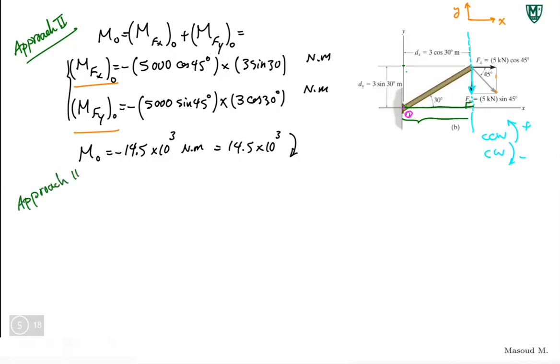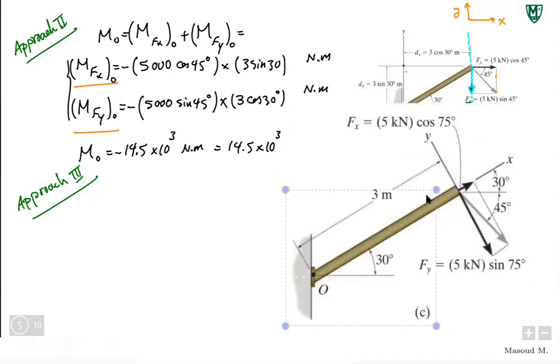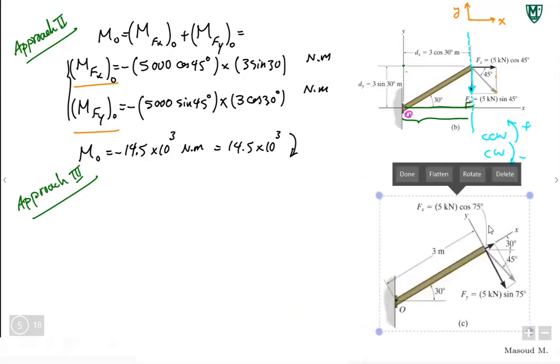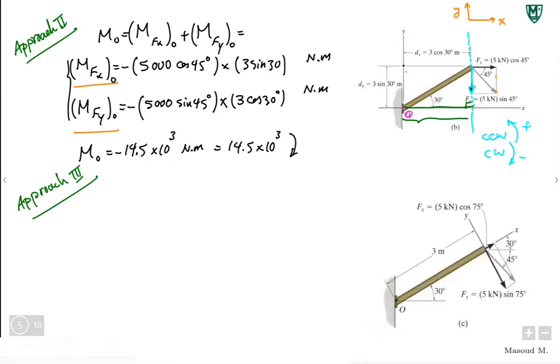Approach 3. Here's what we can do. I'm going to bring in the picture for that. If I can find it. There you go. Here's the third approach. This time we took this as x, and I can think about this as y.